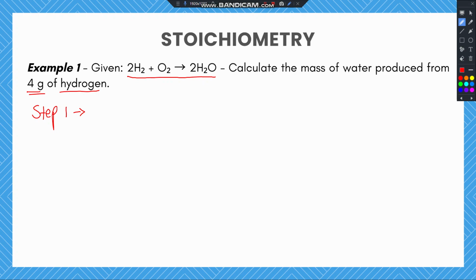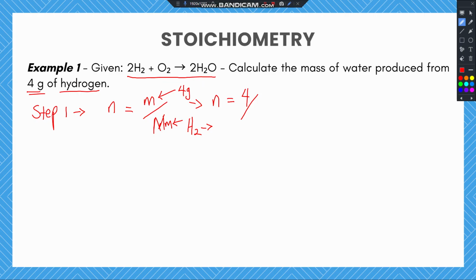Well, we know that the number of moles n is equal to the mass of a substance divided by its molecular mass. So the number of moles n is equal to, what's the mass of hydrogen? We're given 4 grams from the question. So we have 4 divided by the molecular mass of hydrogen, H2.